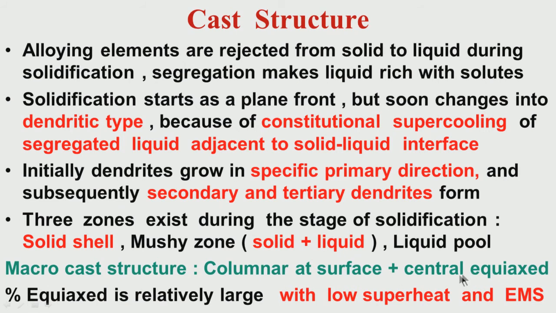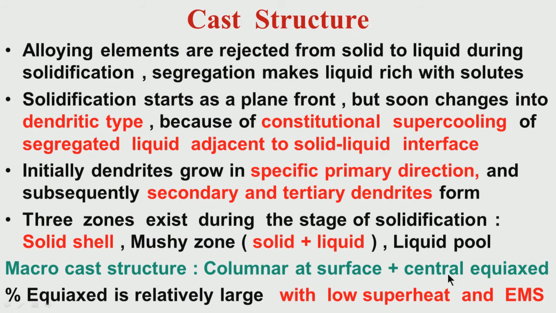What is desirable is that columnar should be less and more equiaxed should be there. Equiaxed means there is no directionality of properties during rolling and processing; things will be better and easier to roll, and there will not be any crack formation. But if you have columnar, there is a possibility of quality issues during hot rolling. So, lower superheat helps in having less columnar and more equiaxed, number one.